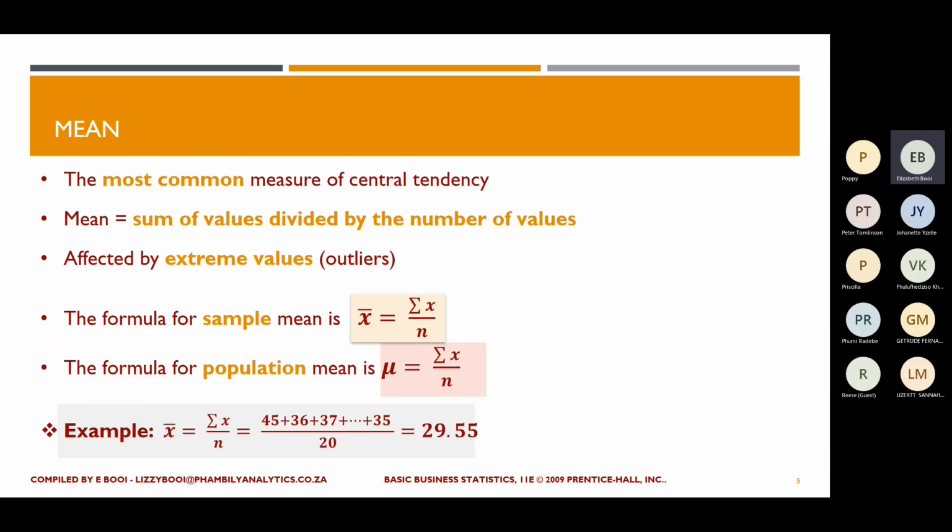What is the mean? The mean is the most commonly used measure of central location. We calculate it by adding all the values, divide by how many they are. You take your values. It doesn't have to be sorted.